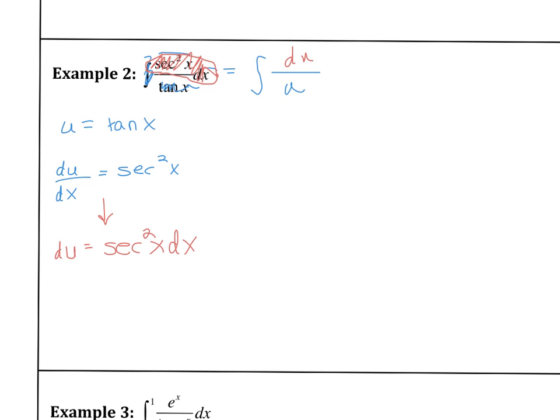All right, and so now it doesn't get simpler than this. The antiderivative of du over u is the natural log of u plus c, and then we'll just back substitute and pop in a tan x for u. Done. Fantastic. All right, let's see what we've got next.